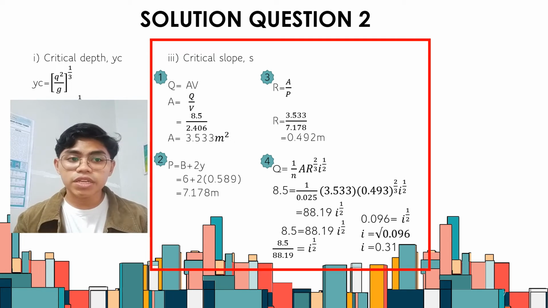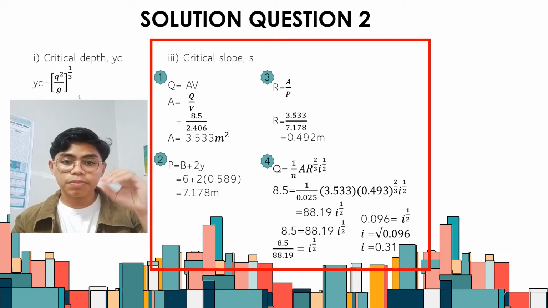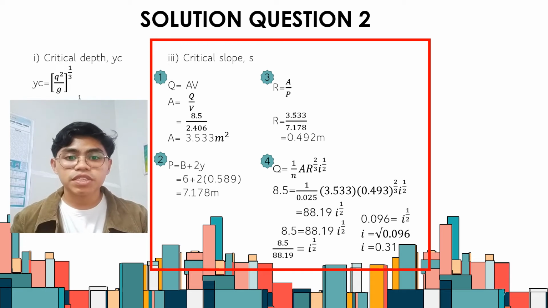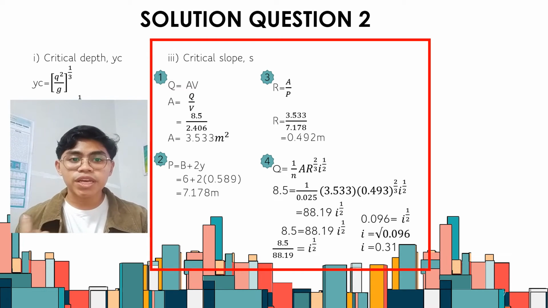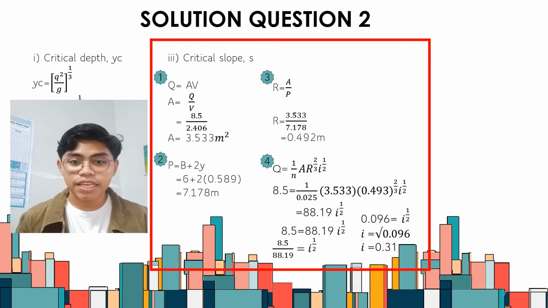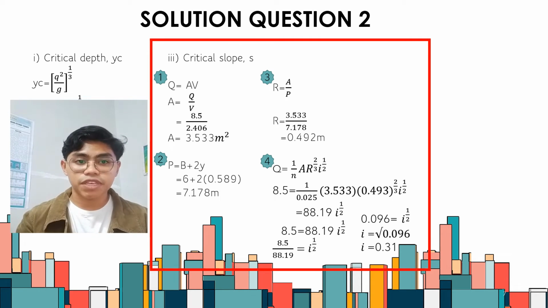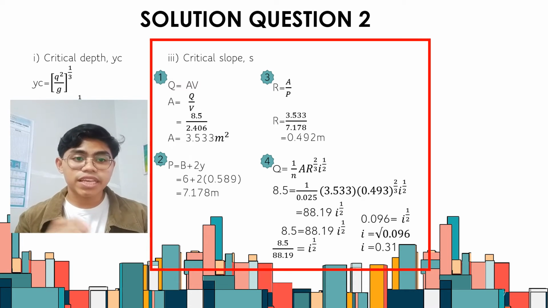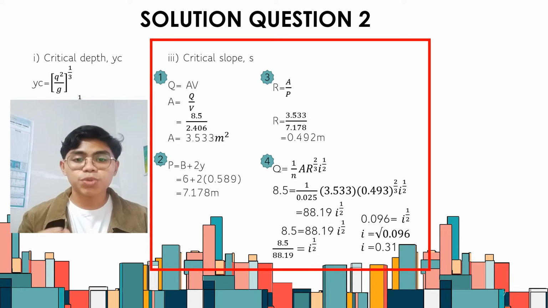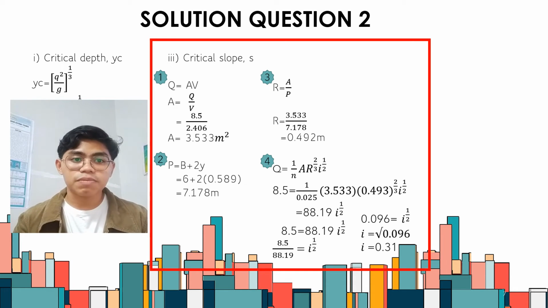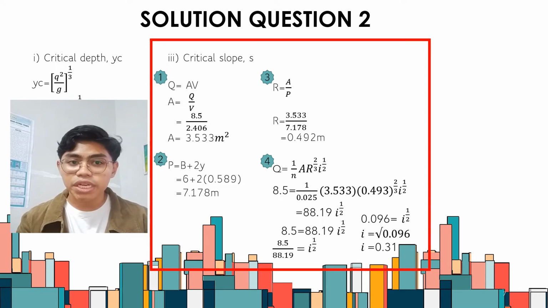So basically, to get all the inputs of the equation, you must solve certain equations such as Q, A, R and P. First we start with Q, which is A times V. So to get A, we must divide Q by V. So we take from the data given, which is 8.5 divided by 2.406, and we get 3.533 meters square.